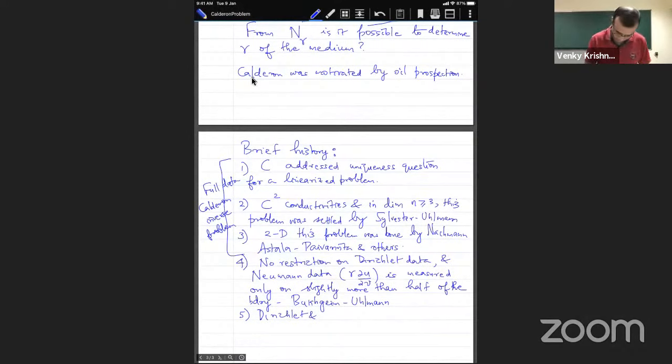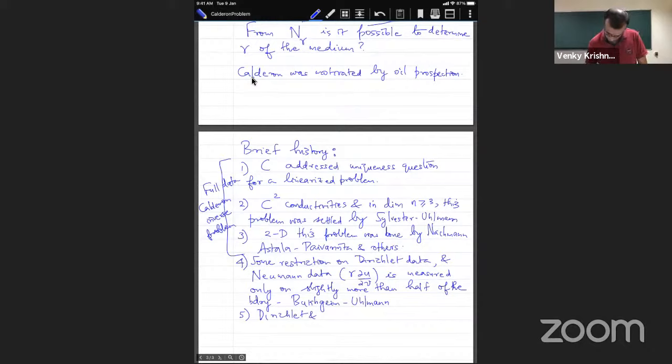Actually, sorry, I take back one thing. This is exactly not what they do. There is actually some restriction on the support. So there's some restriction on Dirichlet data, and Neumann data is measured on slightly more than half.